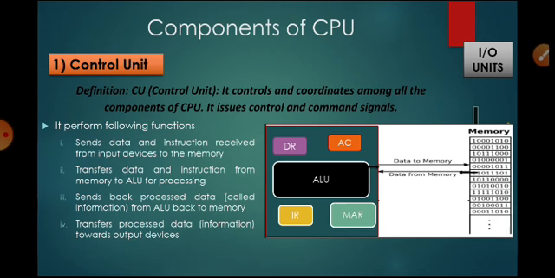Then it transfers data and instructions from memory to the ALU for processing. Then it sends the processed data back from the ALU to the memory. The data is coming and that data is going back to the memory, and in the end it transfers the processed data towards the output devices.